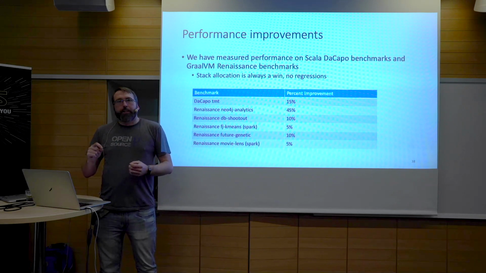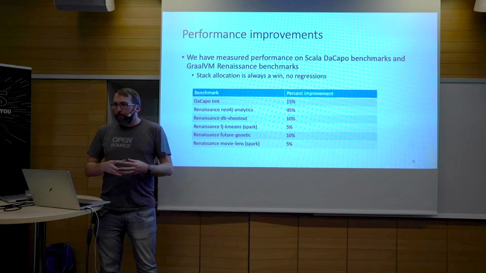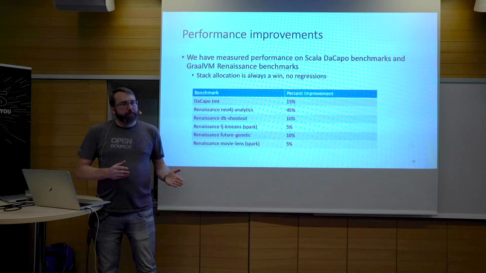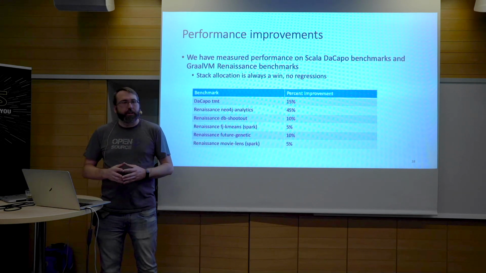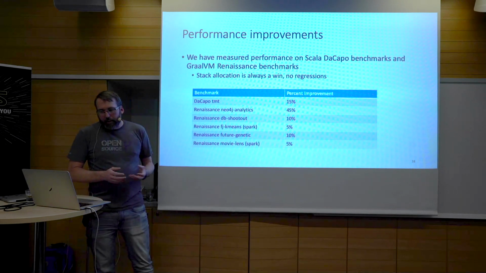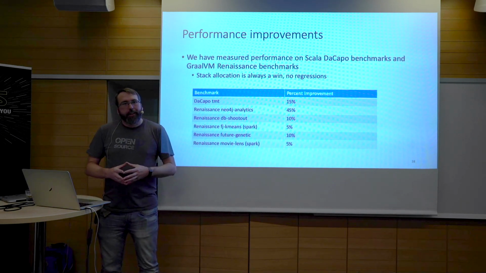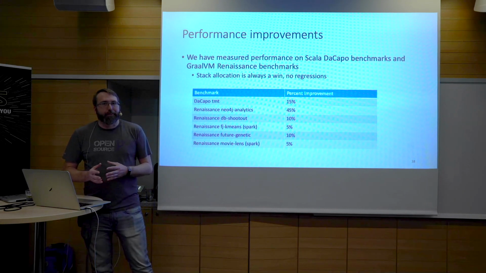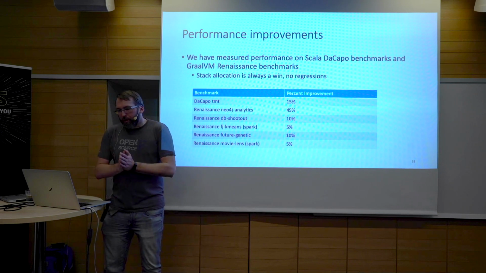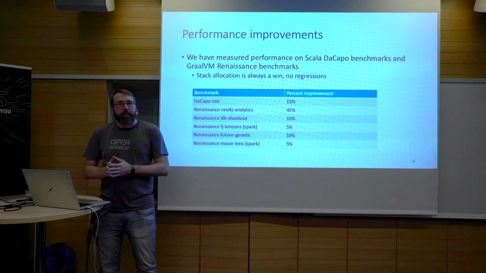Maybe minor increases in compilation time because we do a bit of extra work, but in actual throughput, we haven't noticed any losses. That could happen if we start doing some of the more complicated parts. But at this point, the most standout one is Neo4j at 45% improvement. And then a bunch of the other ones are at around 5, 10, 15%.